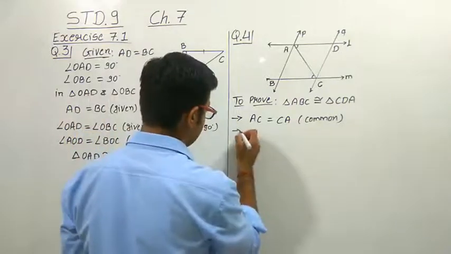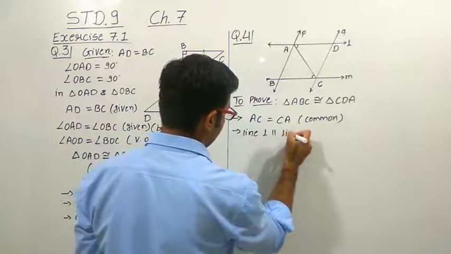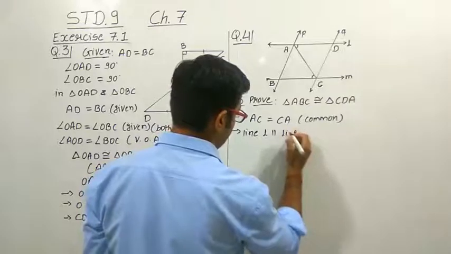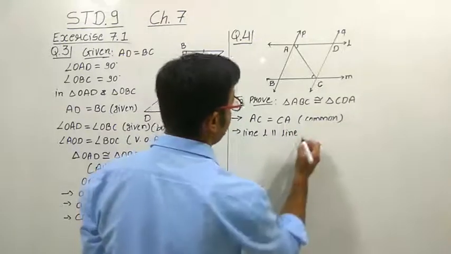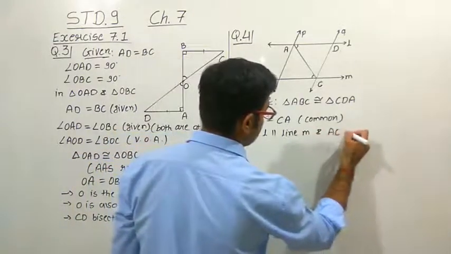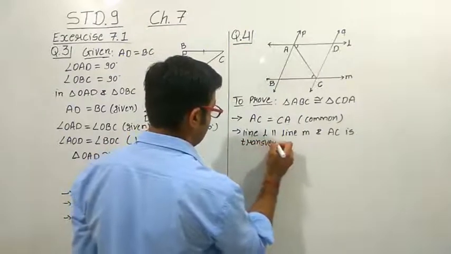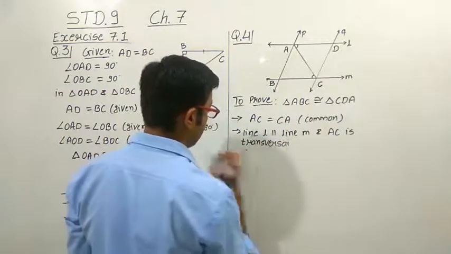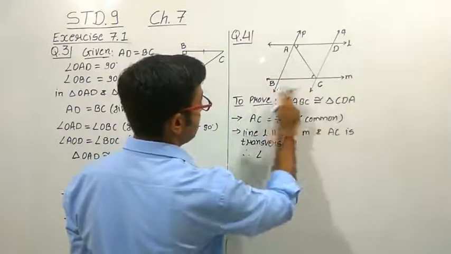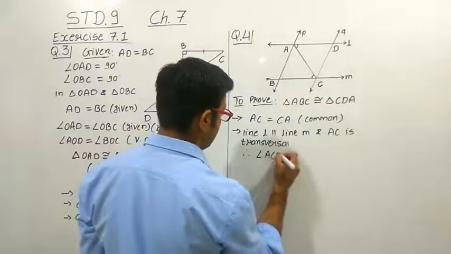Let us write down the same thing here: line L is parallel to line M, and AC is transversal. So we can write this angle as angle ACB.